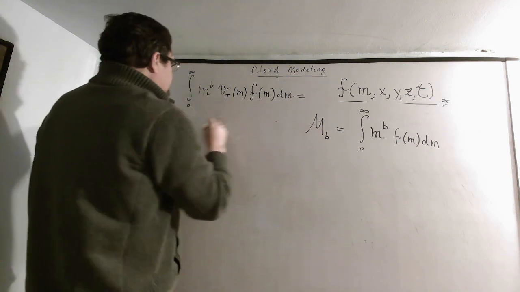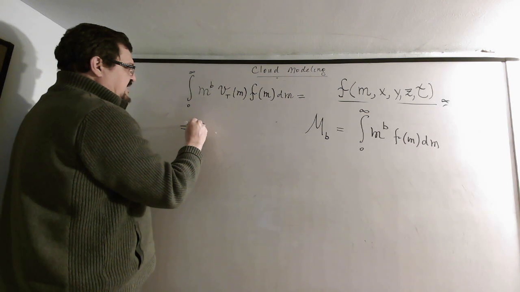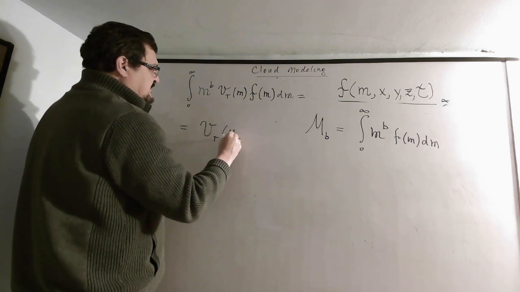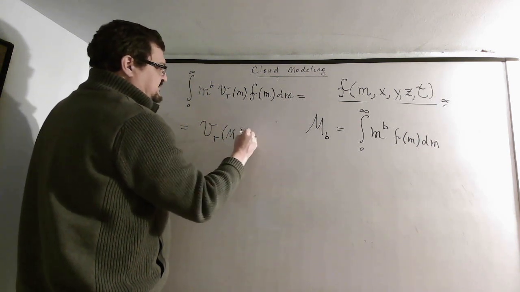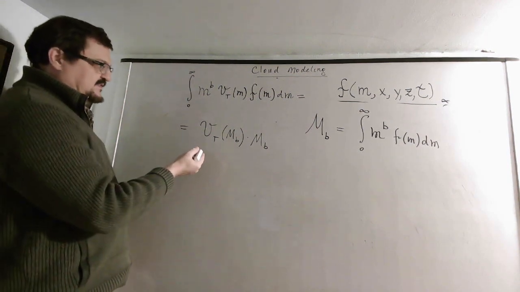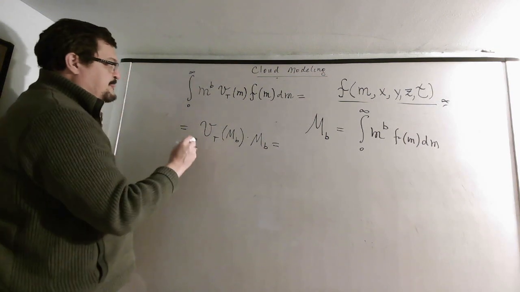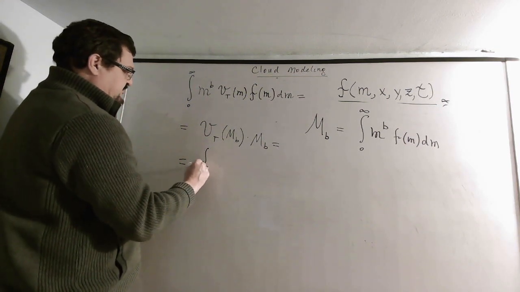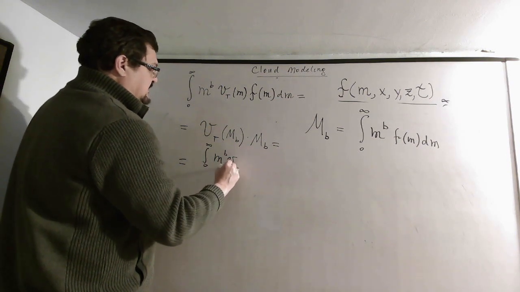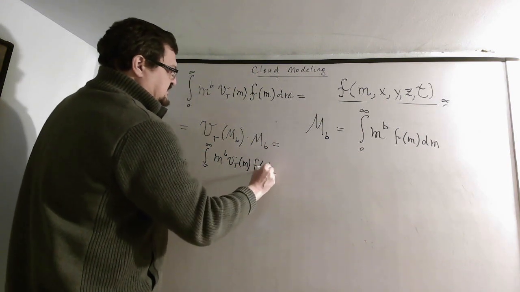So what you do, you make it equal to some mean terminal velocity of moment m^b times m^b. And from that you see that this equals the integral from 0 to infinity of m^b vt(m) f(m) dm.